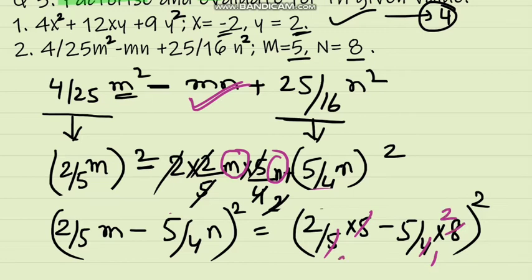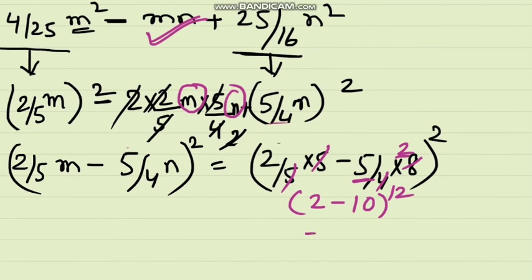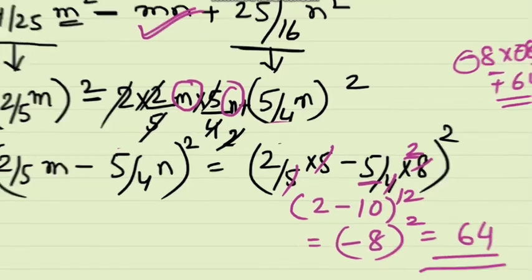So here you are left with 2 minus 5 into 2, 10, whole square. So 2 minus 10 you will get minus 8 whole square. And minus 8 whole square is nothing but 64, because minus 8 into minus 8, minus and minus will give you plus. 8 8s are 64. So you get the value 64.